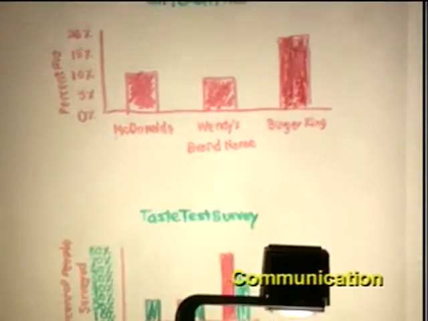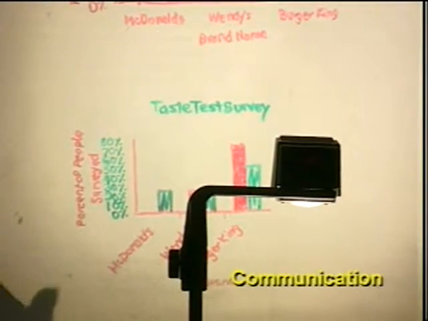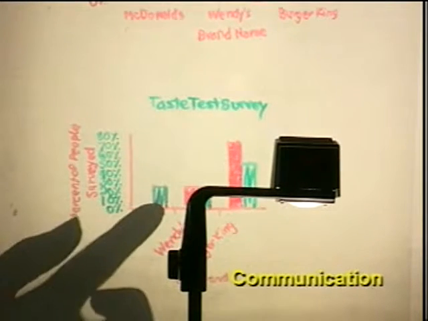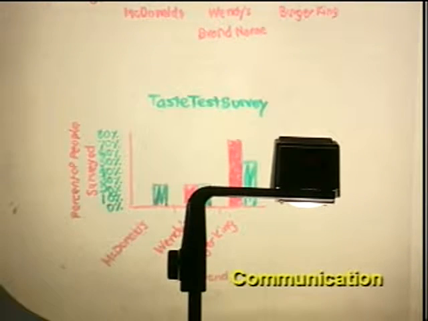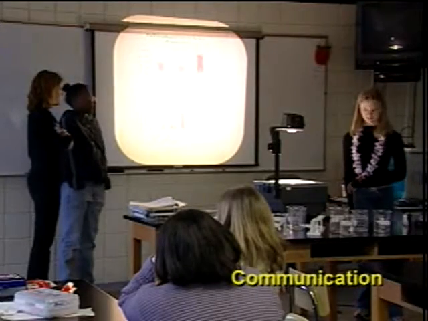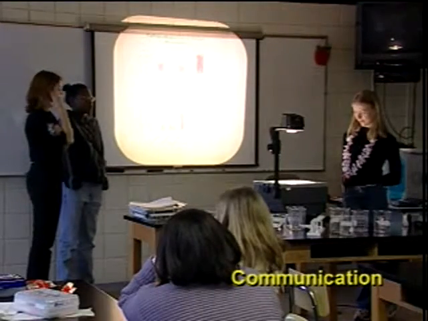And then this is just the taste test, compared. So green is how many people thought it was the fattiest, and red is how many people liked it best. McDonald's had none. I see. So they thought Burger King would have the most fat, and it did. And they liked it the best.